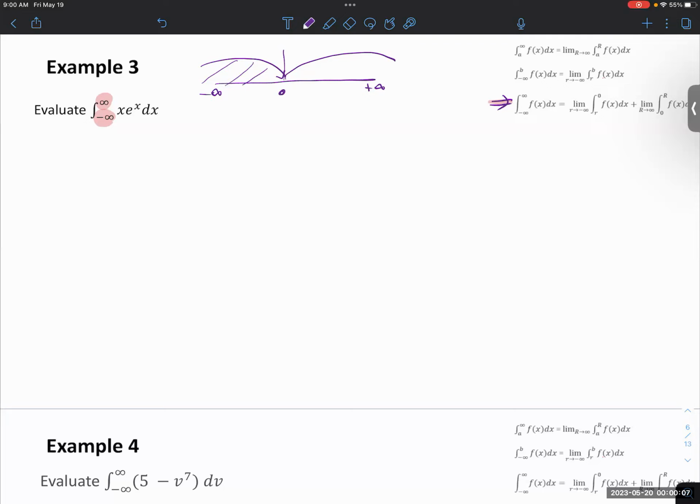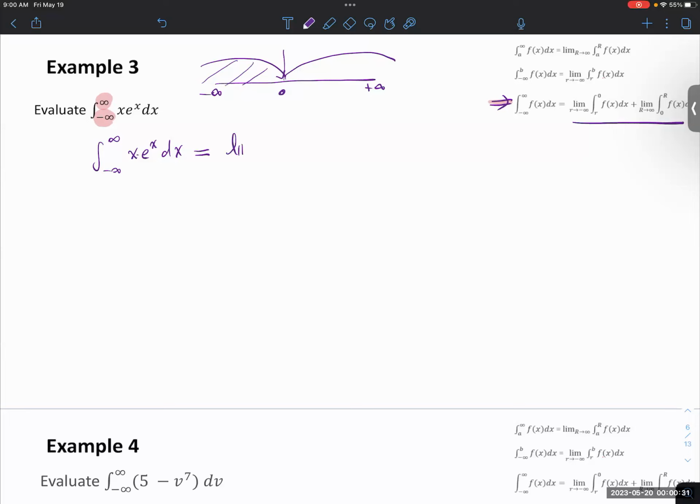So we're going to check. This is improper, so I'm going to write it. The integral from negative infinity to positive infinity of x e to the x dx means two terms of summation.